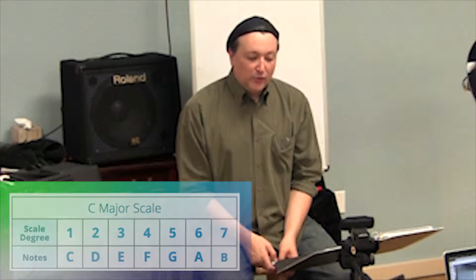Okay? So at this stage in our learning, we only build chords in thirds. So you start with the first note, and then you're going to skip a note, because that would be a second, and take the next note, which is a third from that. Then you skip the following note and use the next note, which would be a fifth or a third above the prior one.